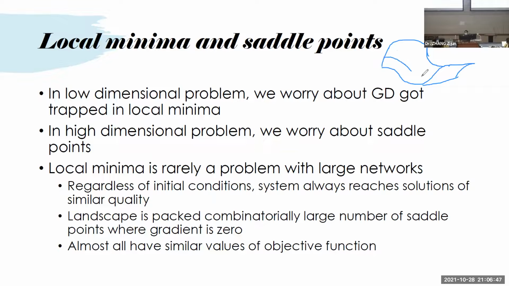The contour will be like this. What does this contour mean? If we start from here, this is the starting point. And where is probably the minimum? It's probably here. The global minimum is probably here.